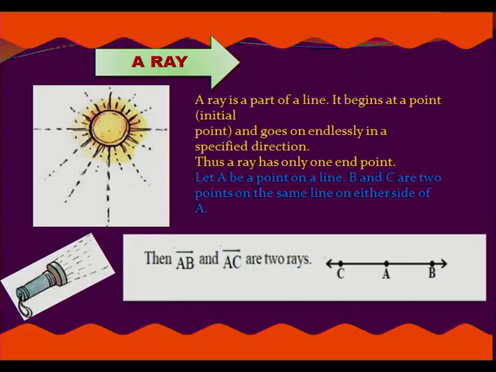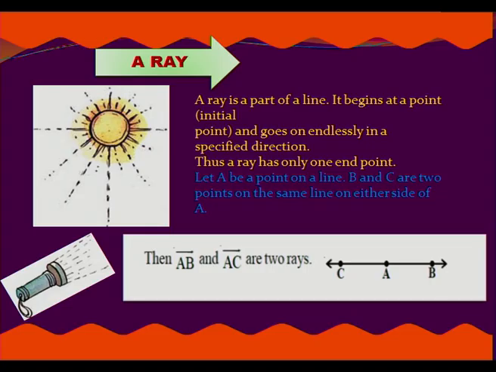So, what is a ray? We use the word in our daily life: sun rays, light rays. A ray is a part of a line. It begins at a particular point, its initial point, and goes on endlessly in a particular direction. Thus, a ray has only one end point. Now, AB is a ray.